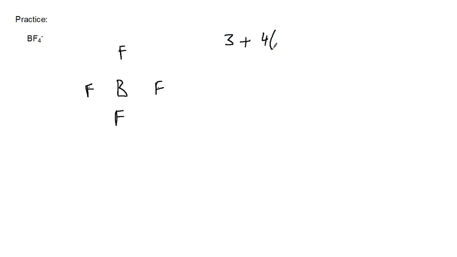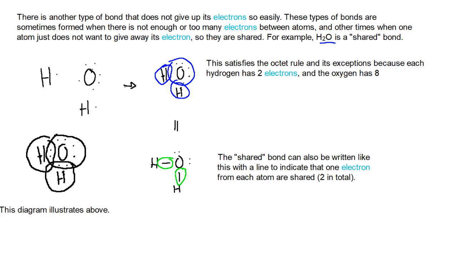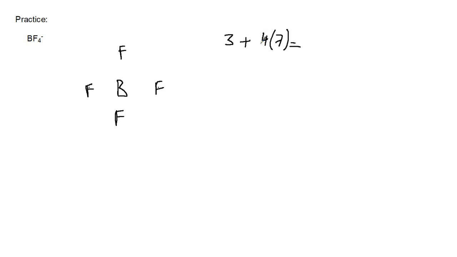Then each fluorine has 7. There's no periodic table here, so I'm just going to have to remember: hydrogen, helium, lithium, beryllium, and then boron. So 31 total electrons. But notice how there's a minus right here. I put BF4 minus, right?